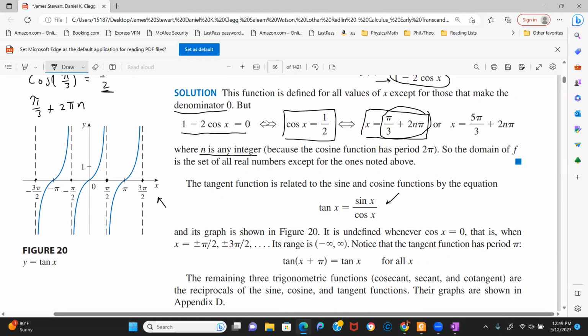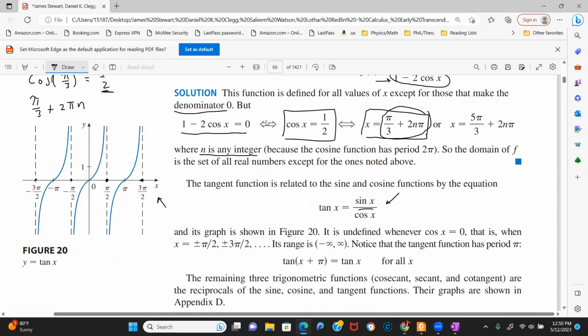These are just vertical lines where the graph gets arbitrarily close to the line. Maybe it touches or goes through it, but in this case, it doesn't. In this case, the graph of the function does not go through its vertical asymptotes. So why do we have vertical asymptotes at these values right here? Why is it not defined?